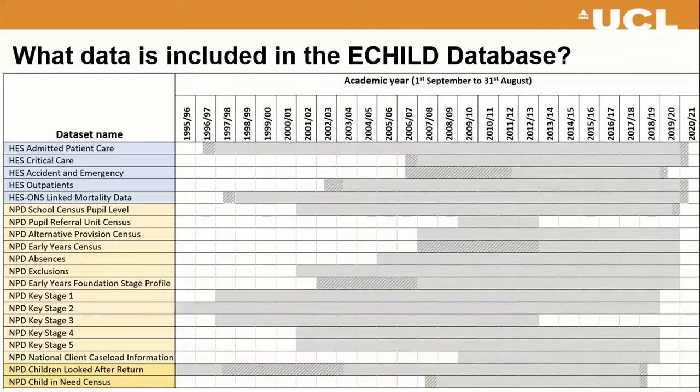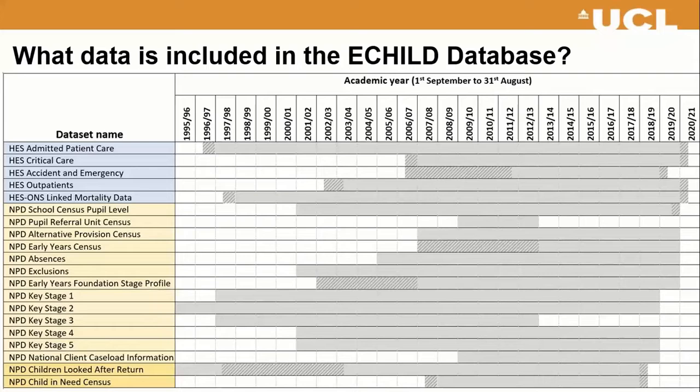The period in which each of these databases or files is collected varies over time, which adds a level of complexity for researchers. For example, while the admitted patient care database has been collected continuously since 1997, the accident and emergency, or A&E, database includes complete records only from 2012. Something similar happened with the NPD data, where the exclusions database has been collected since 2001.